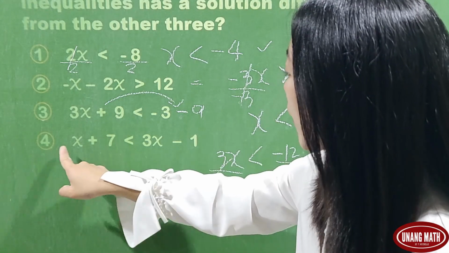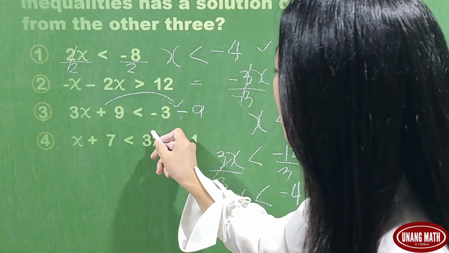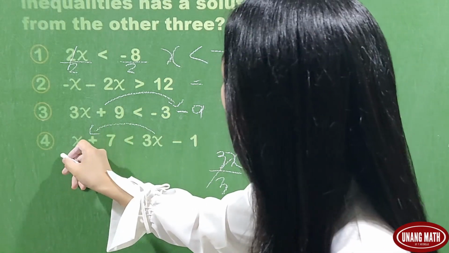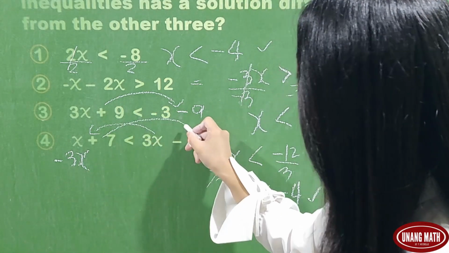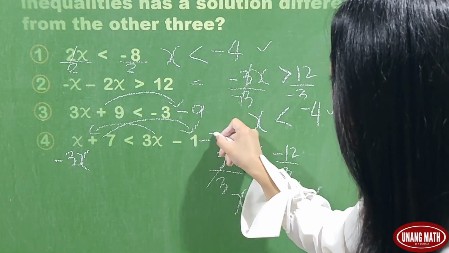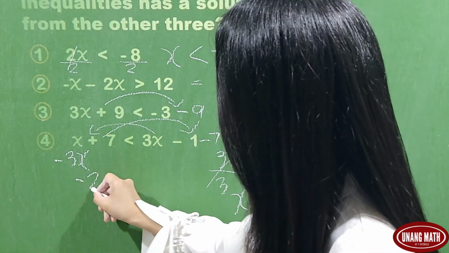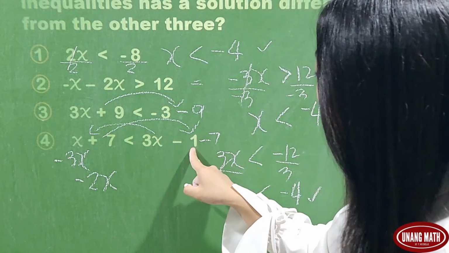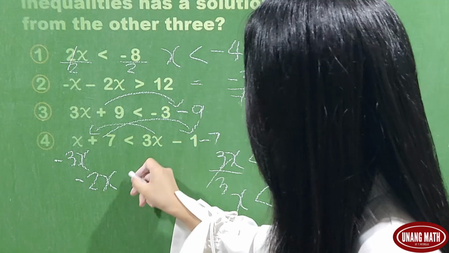Okay, what about number 4? x plus 7 is less than 3x minus 1. Transpose 3x to the other side, so we have now minus 3x. Positive 7, move to the other side, so minus 7. x minus 3x, that's negative 2x. Negative 1 minus 7 is negative 8. So this is less than.